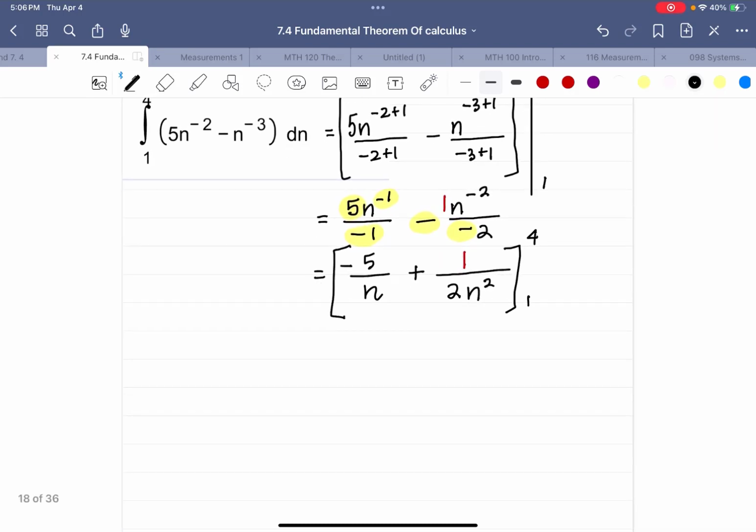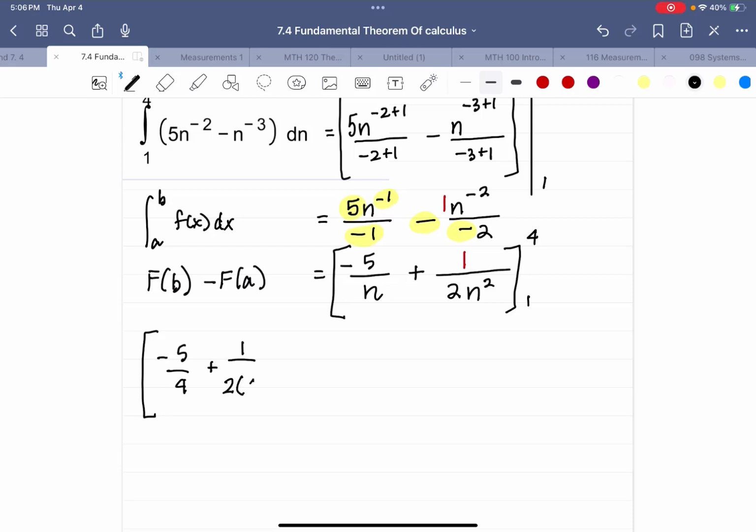And then, of course, remember, the integral from a to b of f of x dx is F of b minus F of a, where the capital F is the antiderivative, which we just did. So we're going to get first negative 5 over 4 plus 1 over 2 times 4 squared.